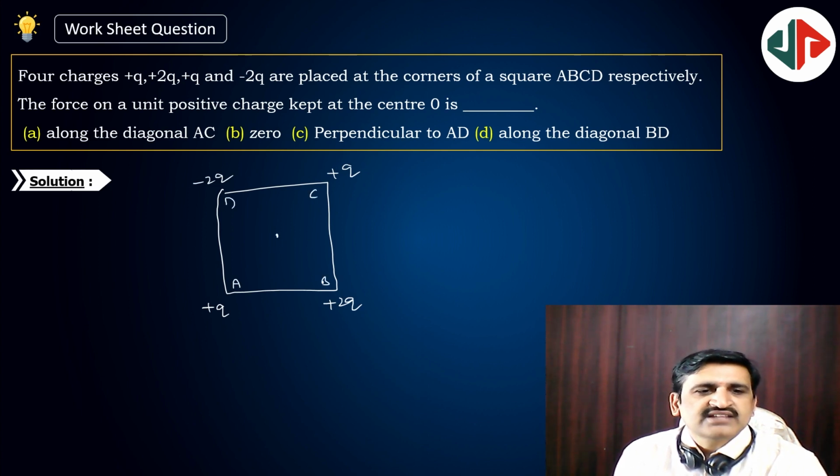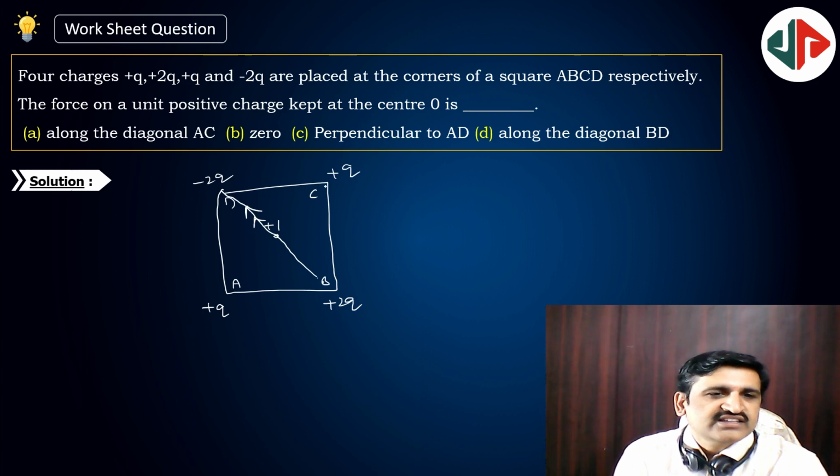These two are balancing. No, they are not balancing. A unit positive charge is placed here. Force on it: this will repel, this will attract, and this will repel. This also will repel. So these two forces cancel.